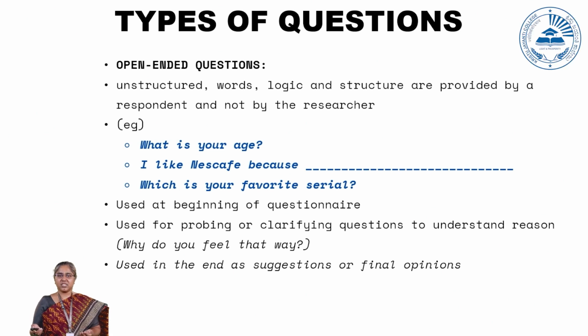Then for the reason of clarification, you can frame these questions and keep them in between. The last place where you can use these open-ended questions is when you need suggestions or final opinions from the respondents. So open-ended questions can be placed in the beginning, in the middle, or at the end, depending on the purpose for which you are framing the questions.